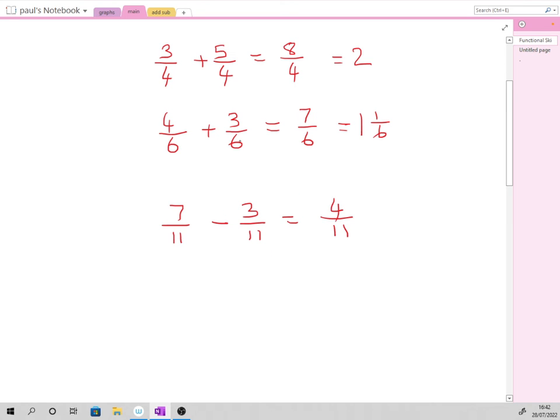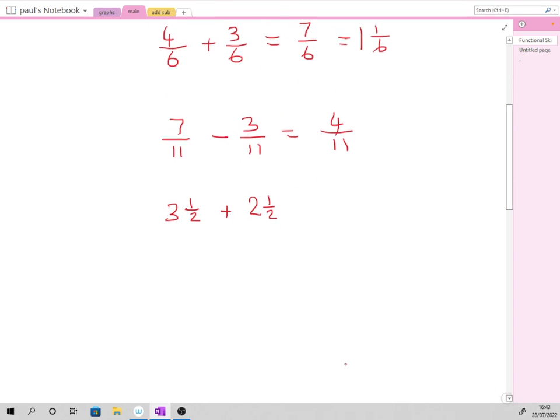Now, you might have to change a mixed number into a top-heavy number first before you do this. If you have 3 and a half plus 2 and a half, you can probably see what the answer is already, but we'll go through the motions in case the numbers get difficult.